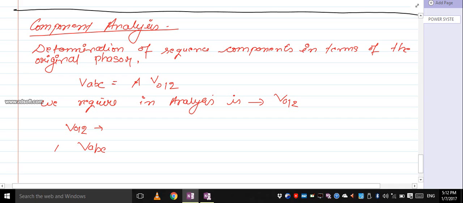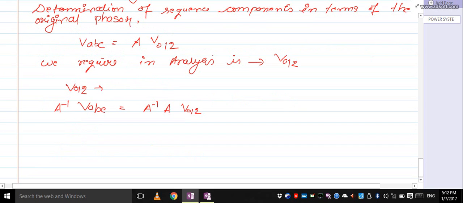Take the inverse: V012 is equal to A inverse times VABC.